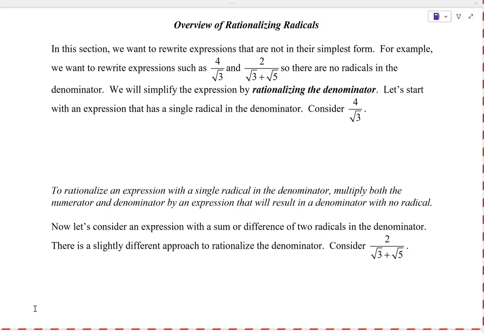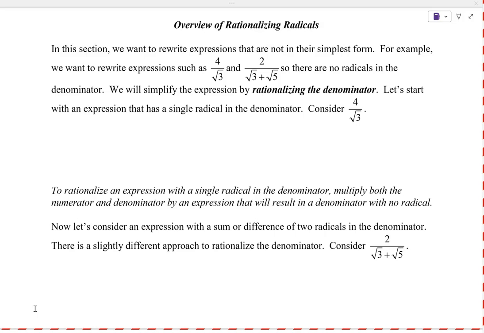So this first example we have here has just a square root of 3 in it. The idea is to try to make that square root go away. Usually, one way you may think about trying to make a square root go away would be to just square it, right? If I square a square root, it goes away. Unfortunately, if I square a fraction, it doesn't stay equal, right? So I can't just square a fraction.